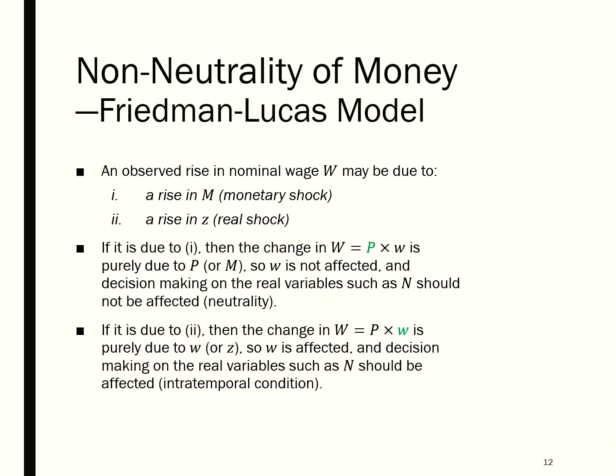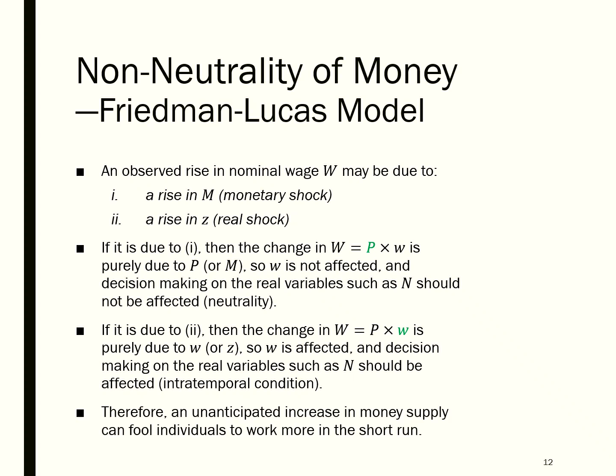However, if it is due to the second reason, then the change in the nominal wage is purely due to little w, or due to the productivity. This is a real shock, and when the real wage is changed, the decision-making will be changed. And this is done through the real side of the economy in the intratemporal conditions.